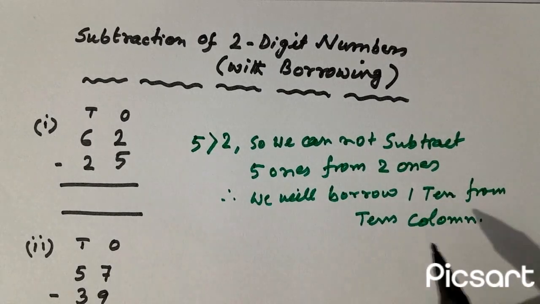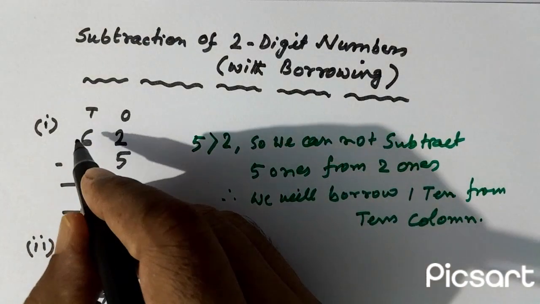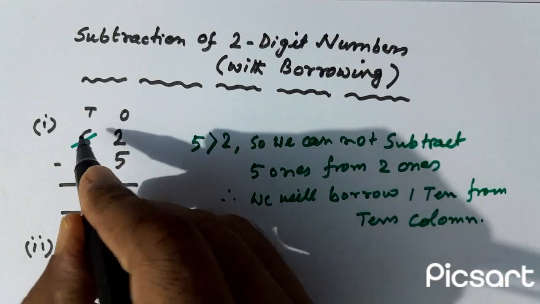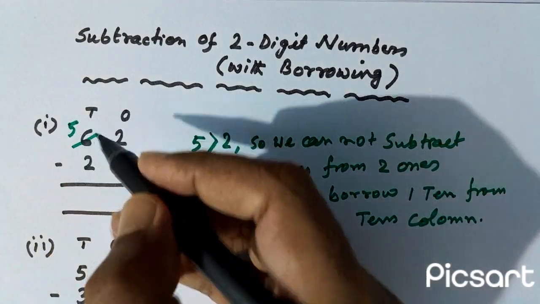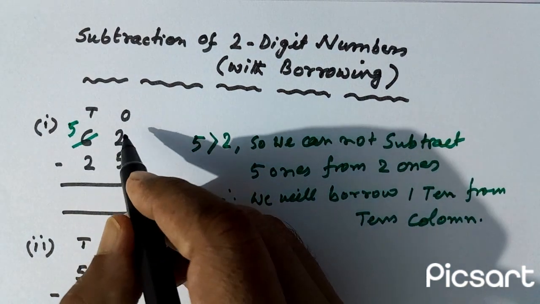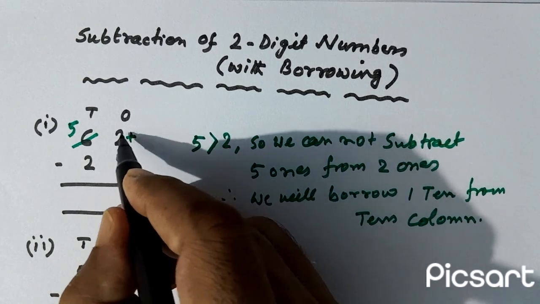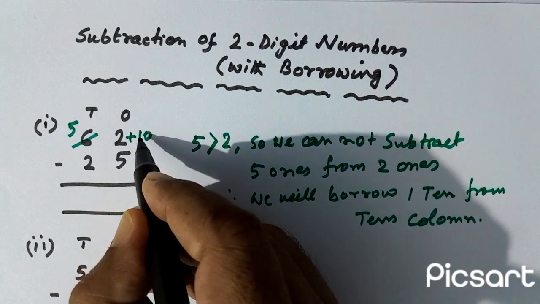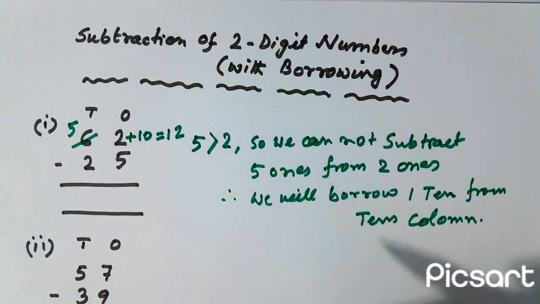So, if we borrow 10 from tens column, 6 will become 5 because it will be reduced by 1, and this 10 will be added here. So 10 will be added with 2. So 10 plus 2 will become 12 here.